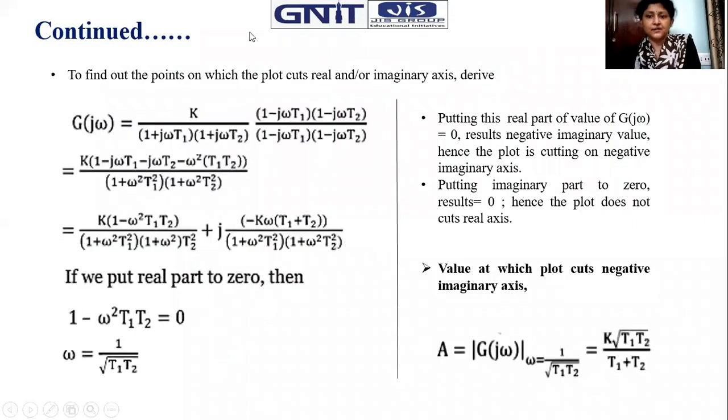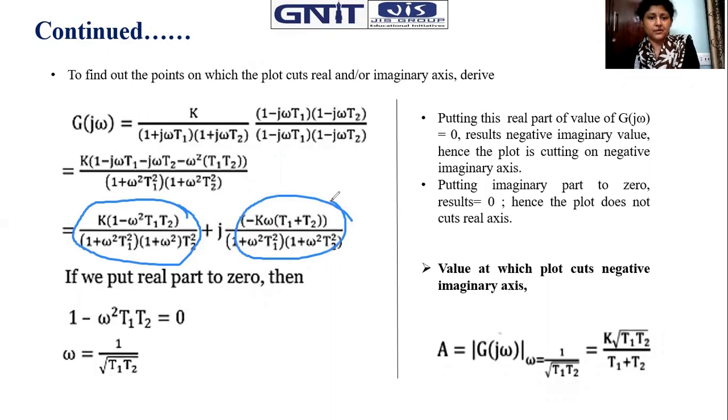What we get here is a vector representation with s equal to j omega. We are segregating the real part and the imaginary part. How to segregate? It's very simple: you multiply by the conjugate phasor, that is the concept of the algebra. Then this one is the real part and this one is the imaginary part.